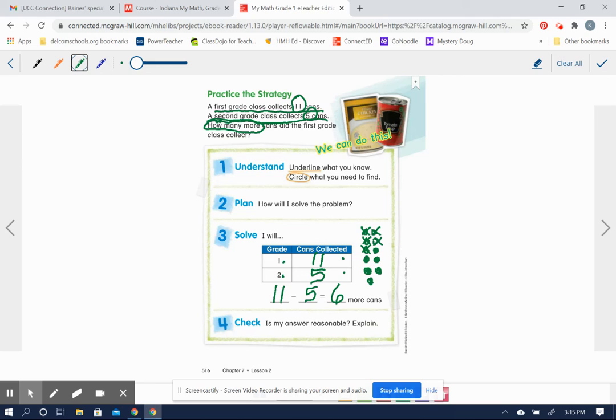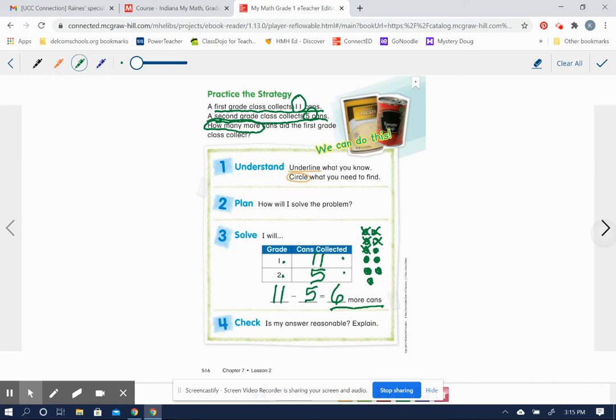So that means the first grade class collected 6 more cans. Is our answer reasonable? Yeah, our subtraction sentence makes sense. And it was first grade that collected 6 more cans than second grade.